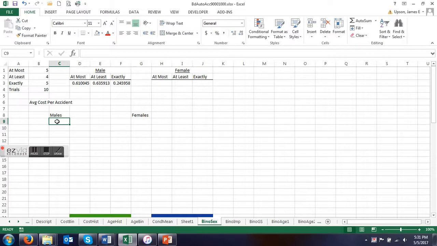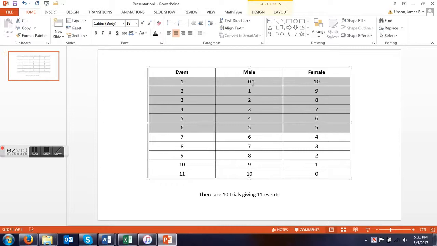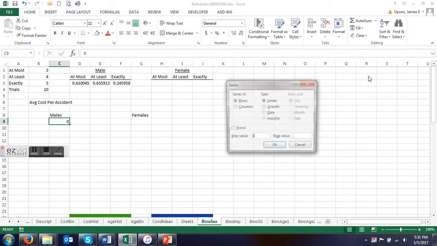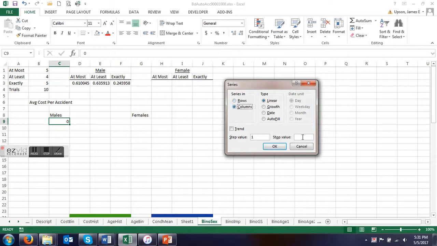So the next two things I'm going to do is just set my series. In this case, we want to start with 0 males. In other words, we're at event 1 where we have 0 males and 10 females. And then I'm going to use my fill series command, and we're going to work on columns, and we're going to go from 0 to 50.